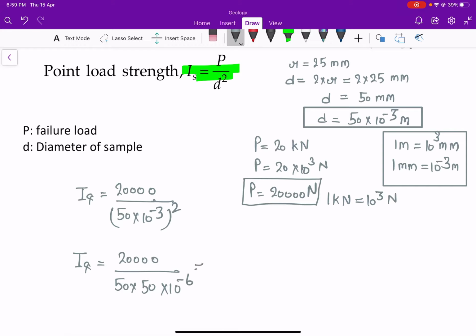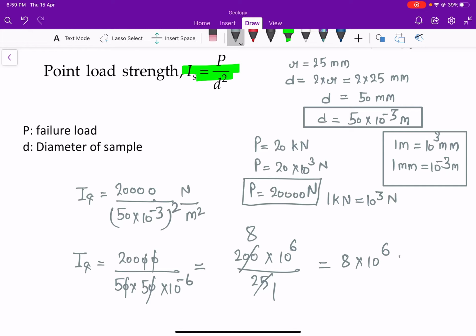The zeros will cancel out, so we get 200 into 10 to the power 6 divided by 25. That gives 8. So that will be 8 into 10 to the power 6, and the unit is newton per meter square.